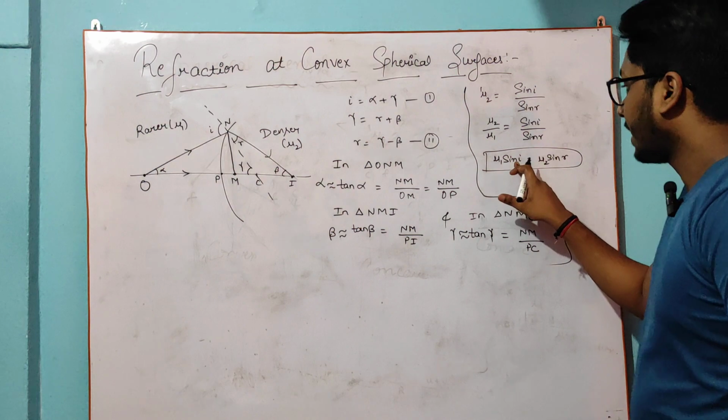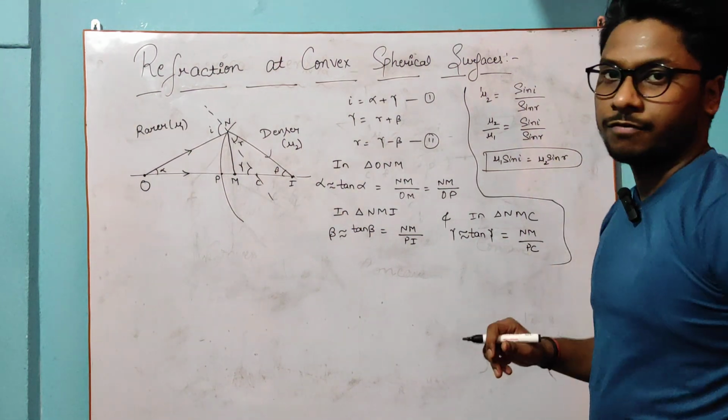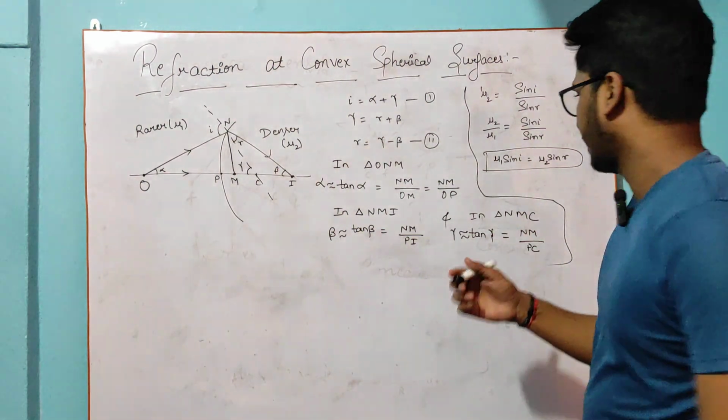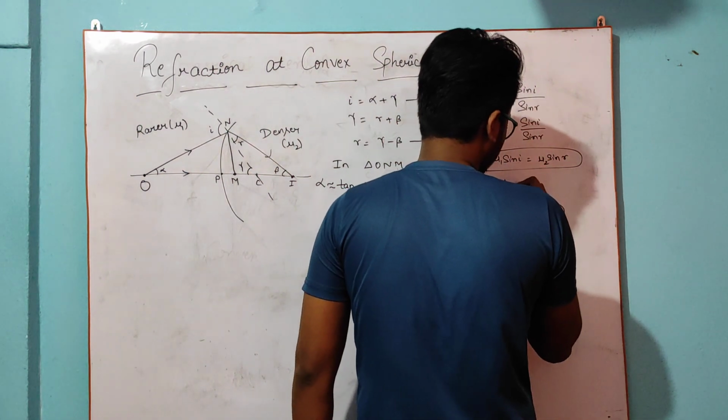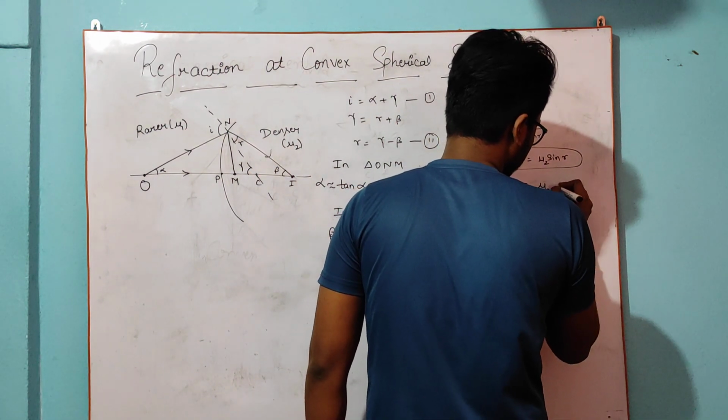Since the angles of incidence and refraction are small, the sine of the angle is equal to the angle itself, so mu1 I is equal to mu2 R.